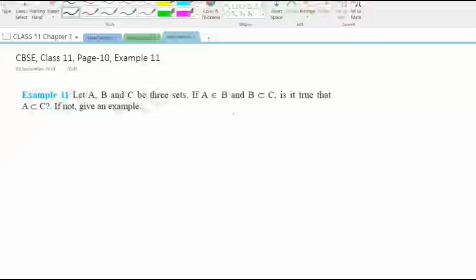So let's understand the language. A, B, and C are three sets. Now, what does this mean? A belongs to B. So suppose you have A as 1. A belongs to B means A should be here, right?